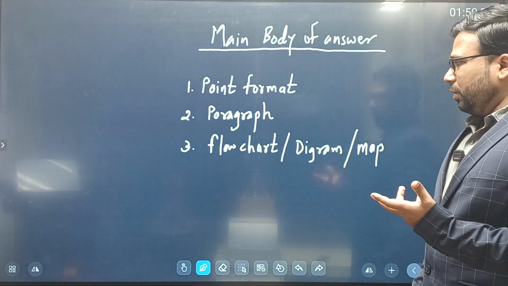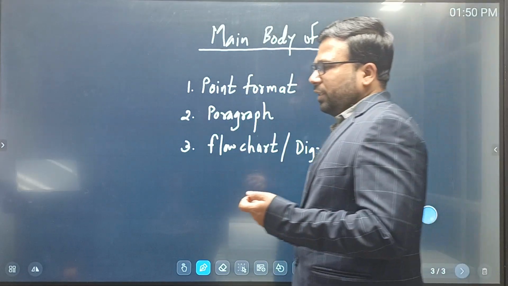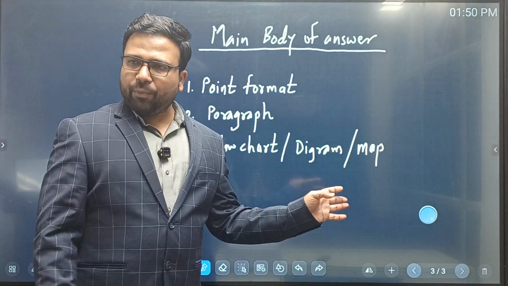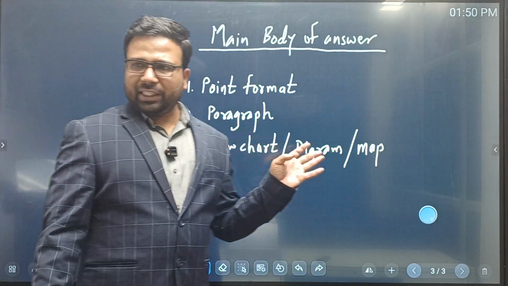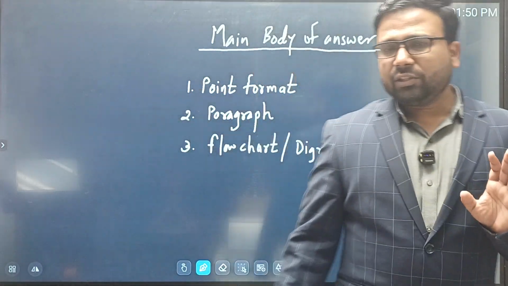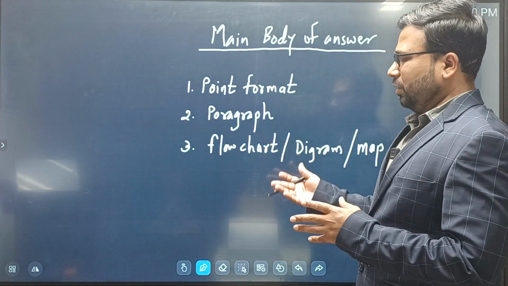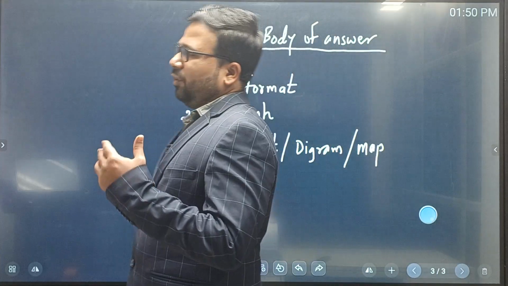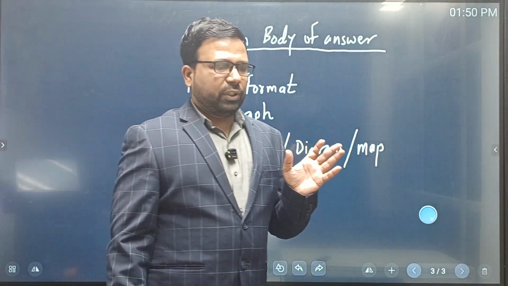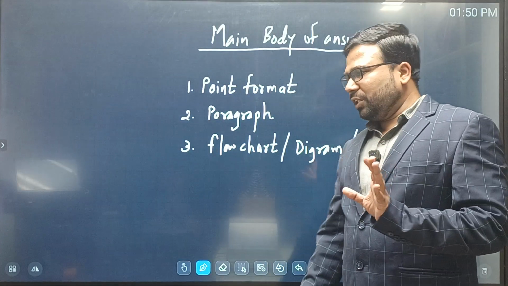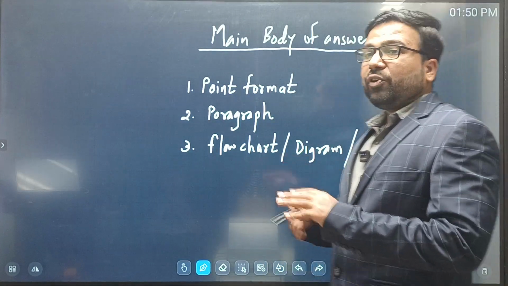But mind you, it's not that in every answer, for compulsory purposes, you try to draw a map or flow charts or something like that. It's not compulsory. This should be natural and organic. Whenever you draw any flow chart or diagram, it should come across as an organic way of answering, and it should not be disturbing your flow.